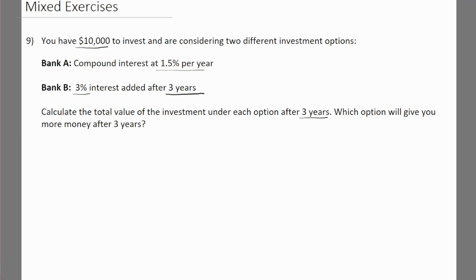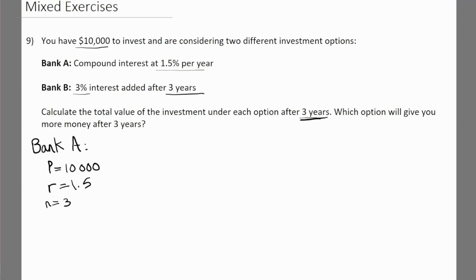So again, we're going to firstly find Bank A. What will my investment be worth after 3 years? In order to find that, we're going to write down what we know. The principal amount I'm investing is 10,000, the rate is 1.5, and I'm going to be investing for 3 years.